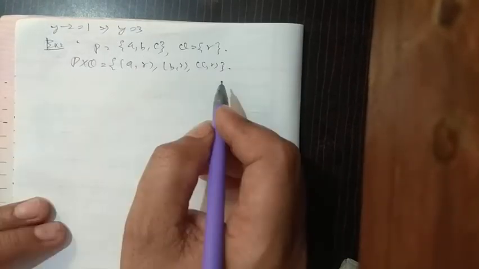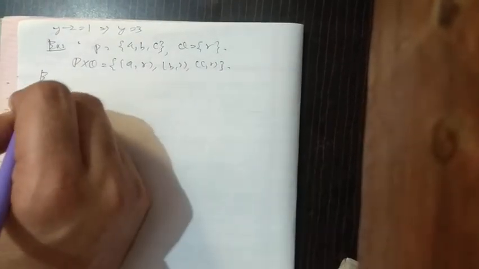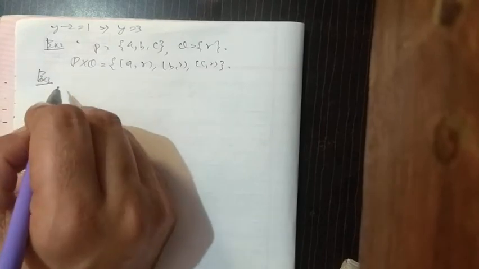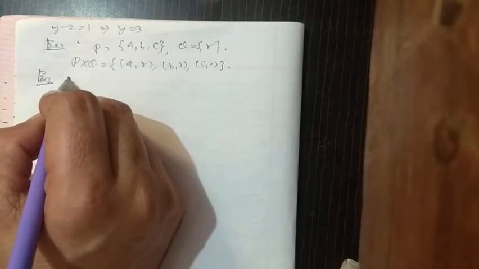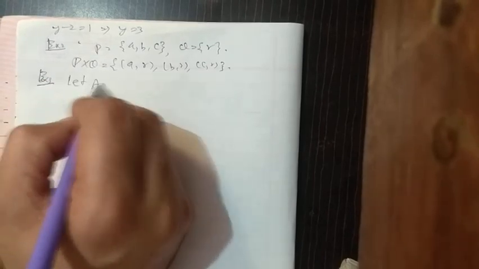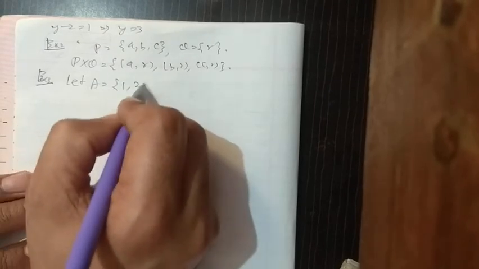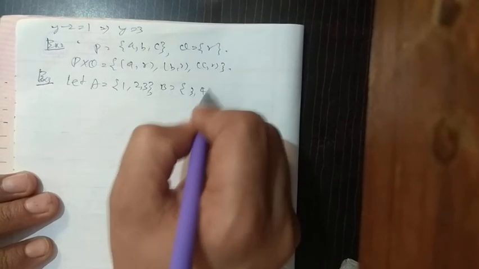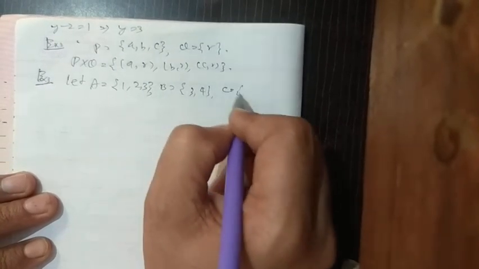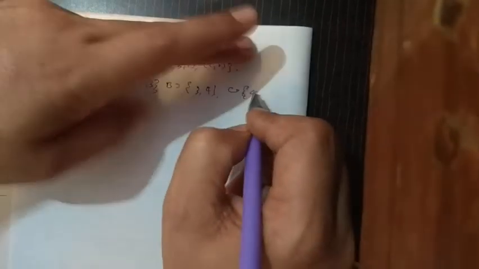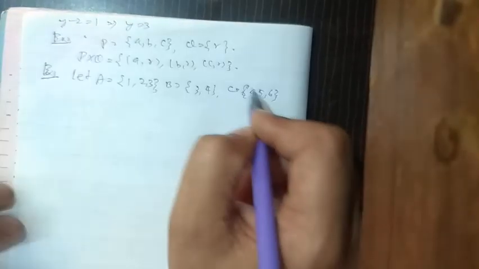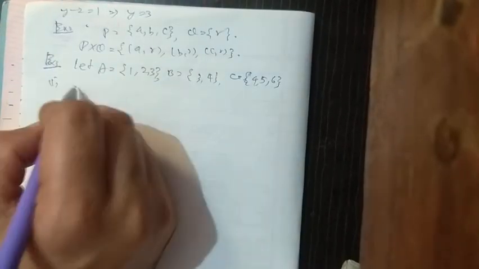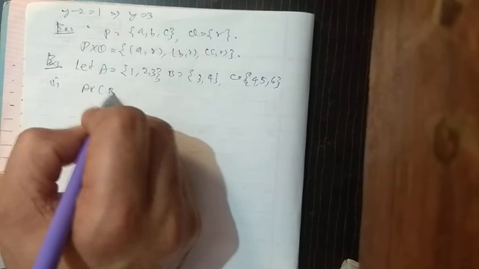In example 3, let A, B, C be three sets. A is a set having elements 1, 2, 3, B having elements 3, 4, and C having elements 4, 5, 6. Then we find A cross (B intersection C).